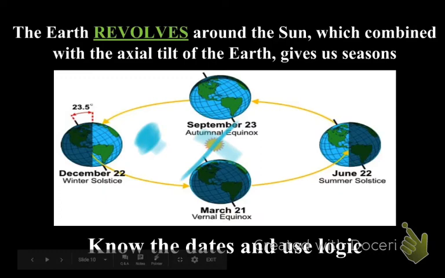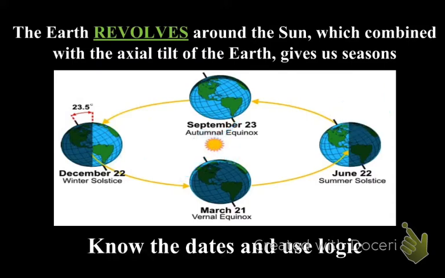In December, it's closest, but we are tilted away from it, so we have winter. And in the summer, even though we are at aphelion and furthest from the sun, we have summer. So make sure that you write down when the autumnal and vernal equinoxes are, and then our summer and winter solstices. Okay, moving on.